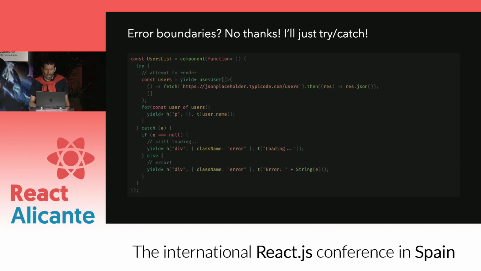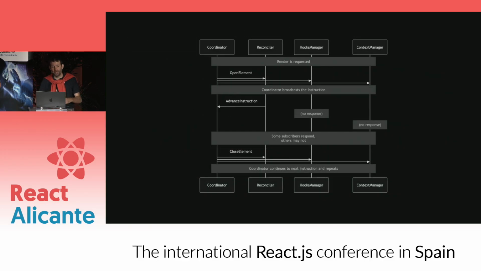But again, how's that all implemented behind the scenes? Behind the scenes, it's all an actor system. We have basically a coordinator that's built on generators, and the coordinator is the component of the system that creates the component instance, and the component instance, as we have seen, will yield instructions.